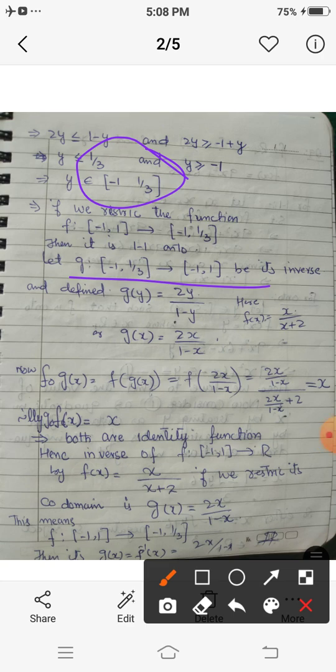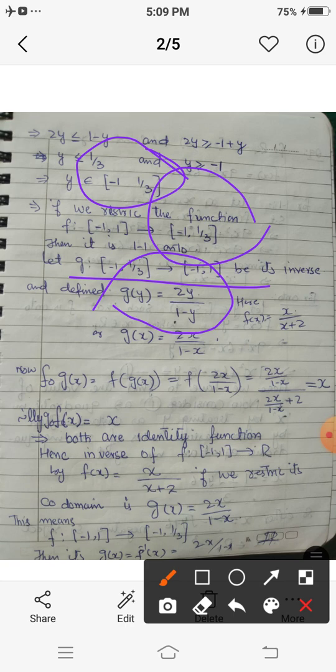Let g be the function from the codomain, that is, from the range [-1, 1/3] to [-1, 1], which is the inverse. We define this function as g(y) = 2y/(1-y), because the domain of g is actually the codomain of f.